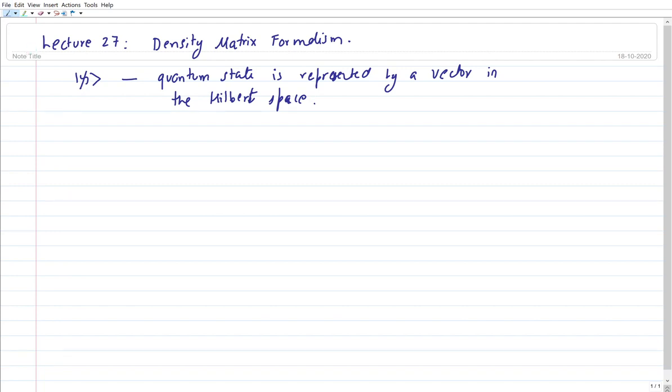Now, essentially, the idea is that a vector in Hilbert space, a quantum state, I should say, in maximal knowledge is represented by a vector.